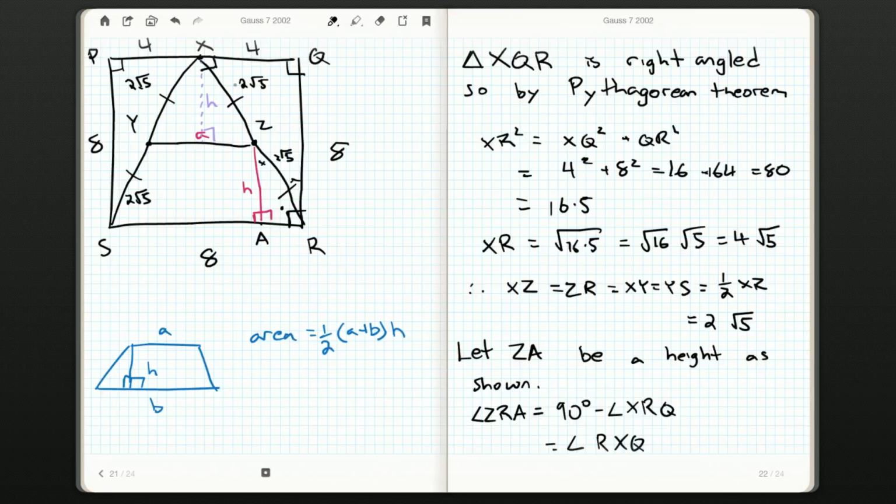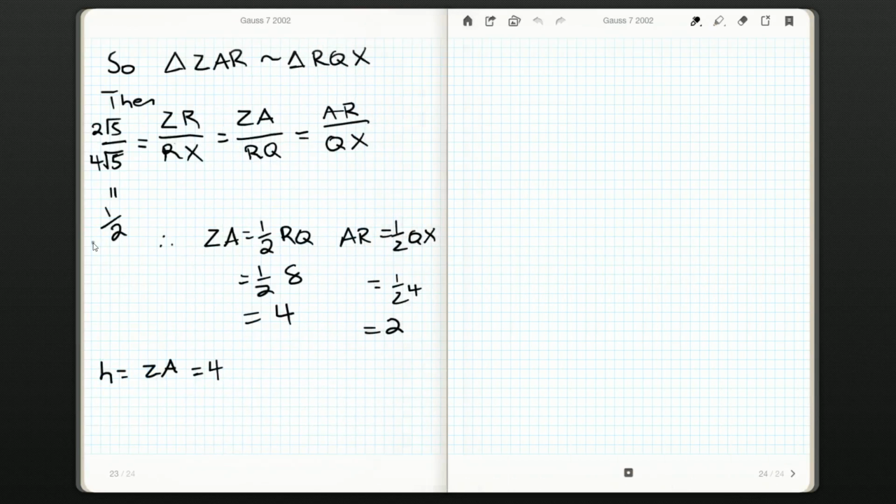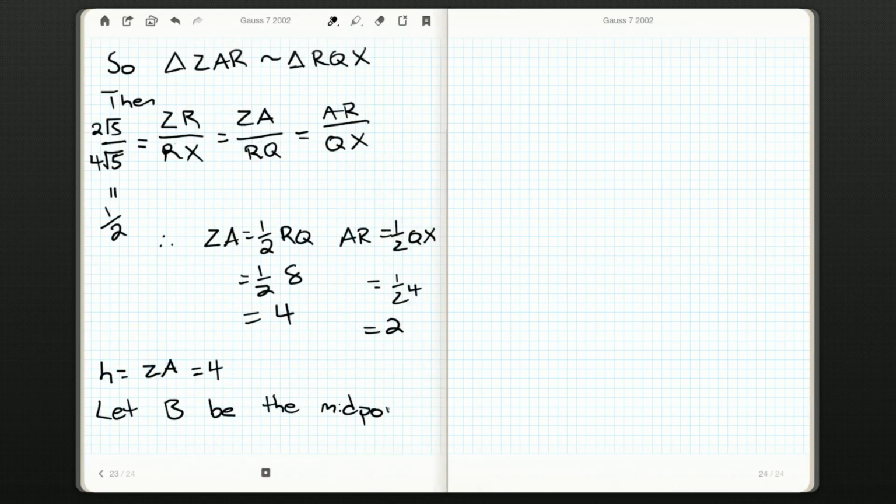These two add up to 90, these two add up to 90, and these two add up to 90. So it turns out that we're going to have another similar triangle. So we could let this be B. We'll let B be the midpoint of YZ.